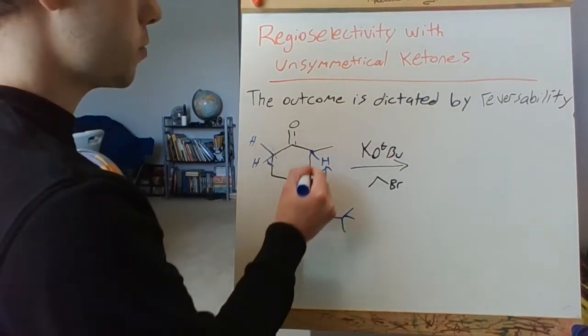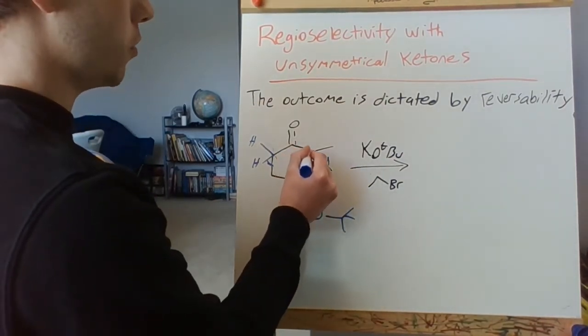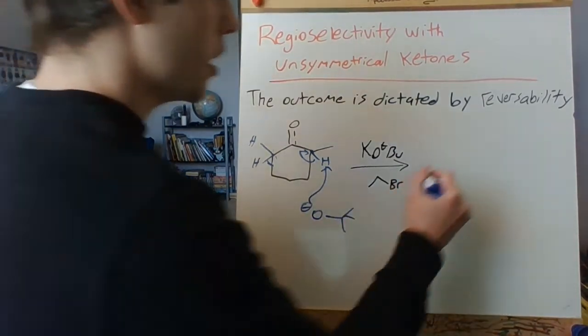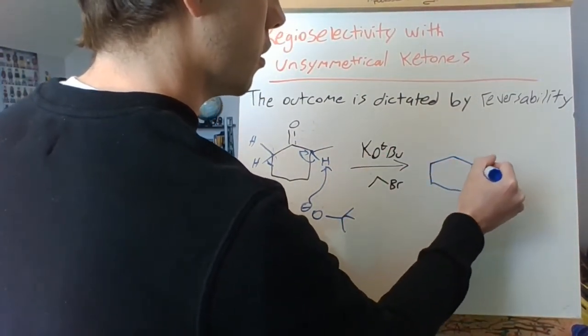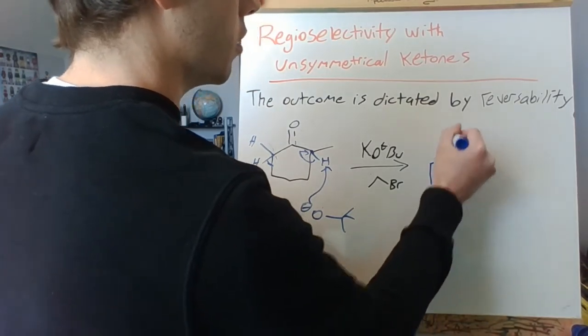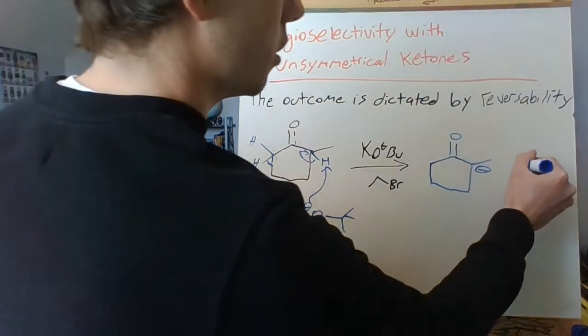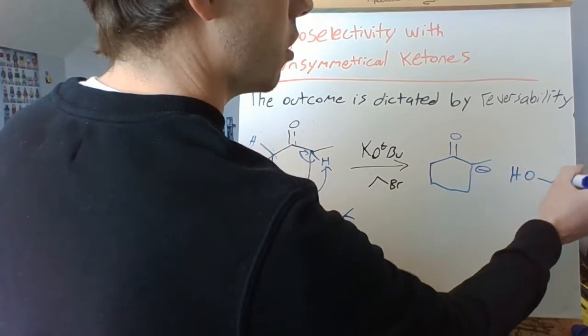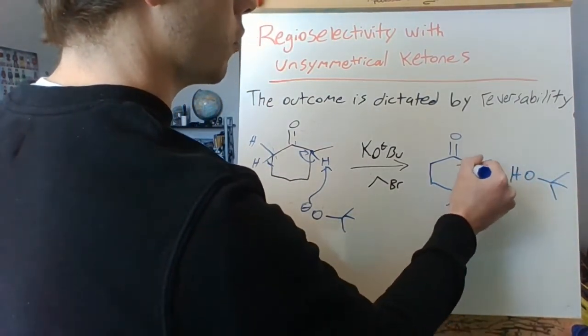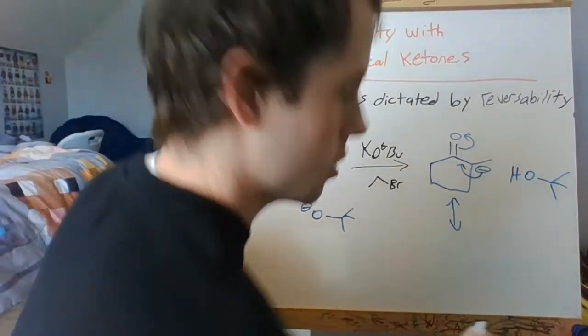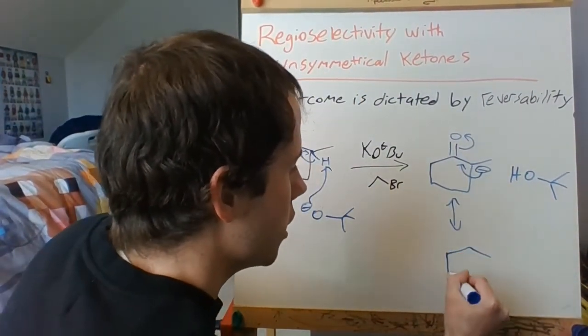So we grab this proton and move those electrons onto the carbon here. If we draw out what that gives us, we would get this carbanion shown here, plus tert-butanol, and then the resonance structure from this gives us the most stable enolate.